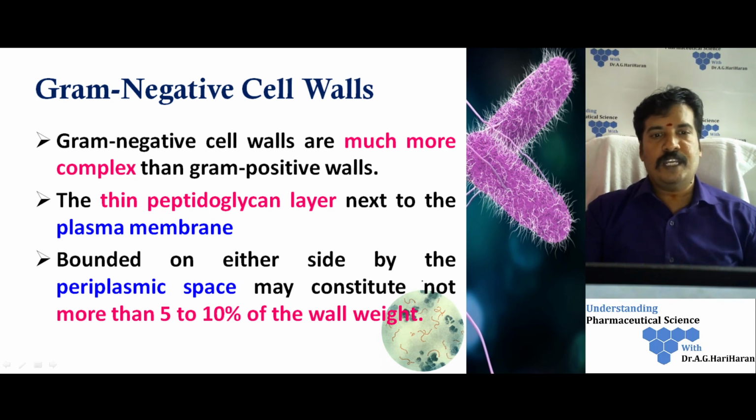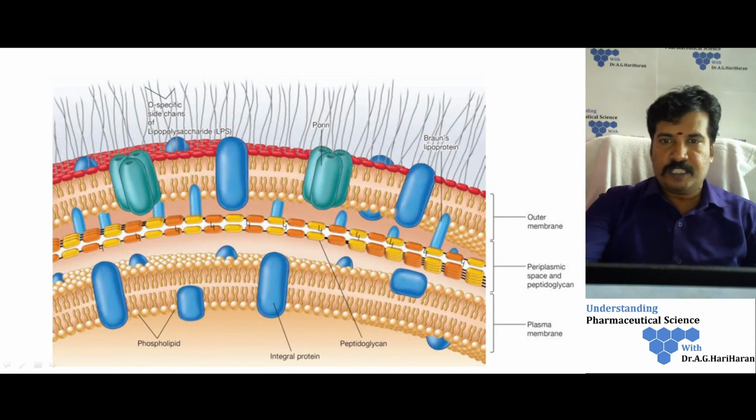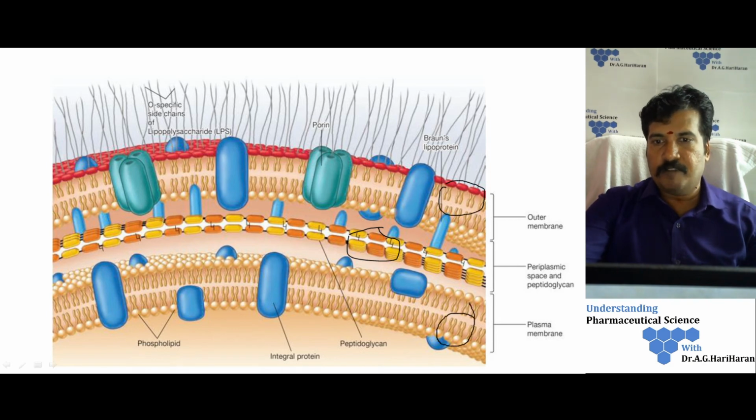The peptidoglycan only contributes 5 to 10% of the dry weight of the cell. In this picture you can see the peptidoglycan layer, then the outer membrane, then the plasma membrane, and the periplasmic space.